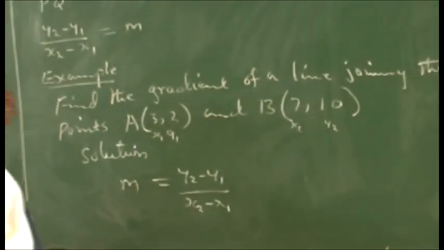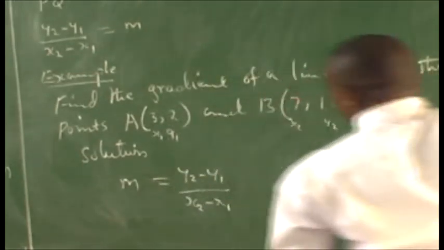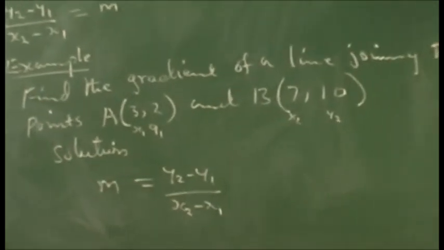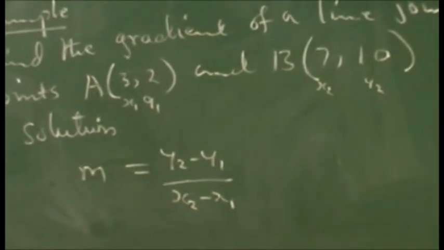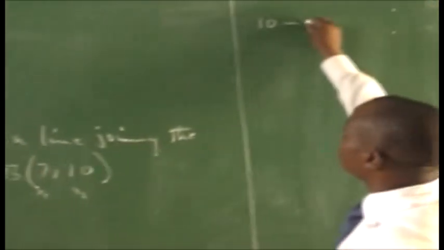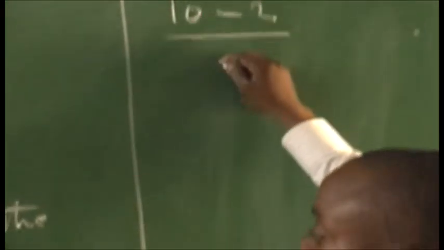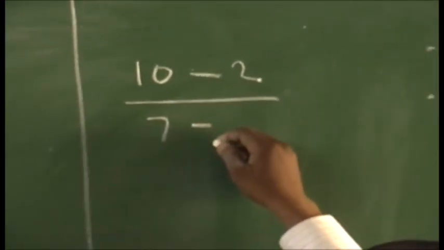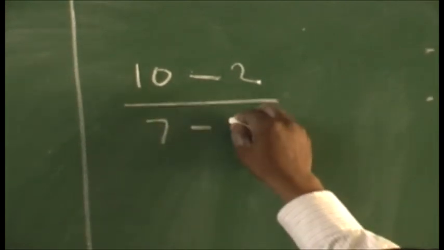So what it means is that y2, which is 10, minus y1 is 2, all over x2, which is 7, minus x1 is 3.